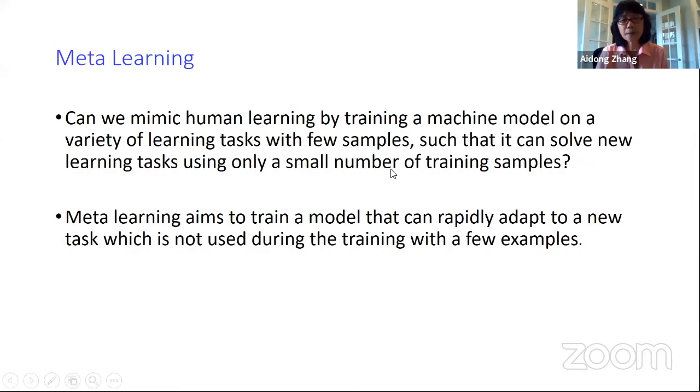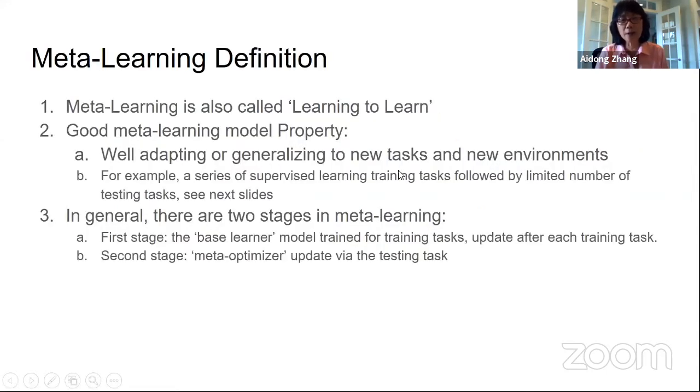More specifically, meta-learning is defined as learning how to learn. A good meta-learning model has the goal of adapting or generalizing to new tasks and new environments.